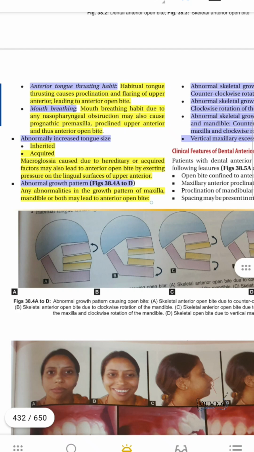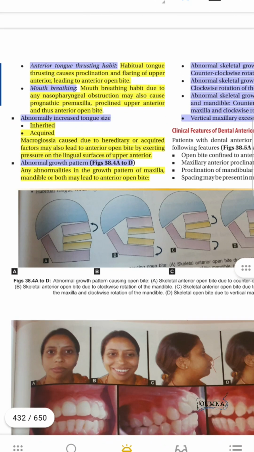For mouth breathing, the lack of air entering the nasopharyngeal space will cause a lack of development of the premaxilla, leading to upper anterior open bite and maxillary constriction.